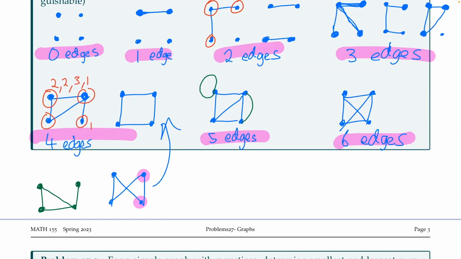If we look at the one on the right-hand side, this has degree 2, this has degree 2, this has degree 2, this has degree 2. So the only way I'd be able to go from this one to this one is untying one of those ropes and tying it to a different peg. Because otherwise we can't, they've all got degree 2, so that means they've all got 2 ropes attached to them. Whereas the one on the left-hand side, one of the pegs has got 3 ropes attached to it, and one of the pegs has got 1 rope attached to it. Okay.